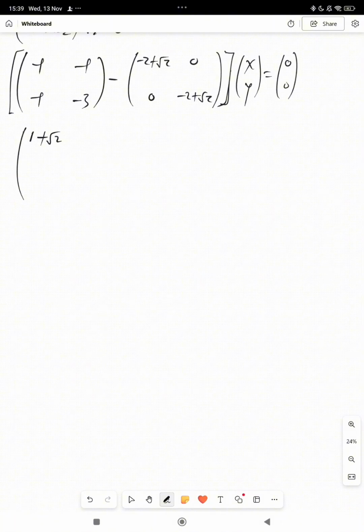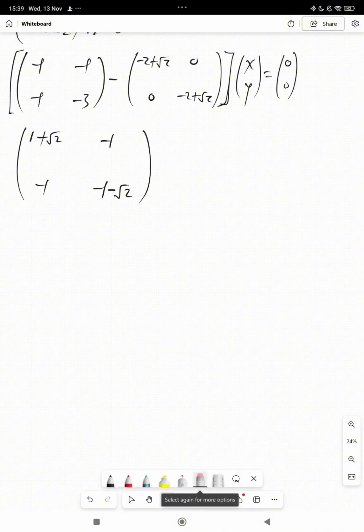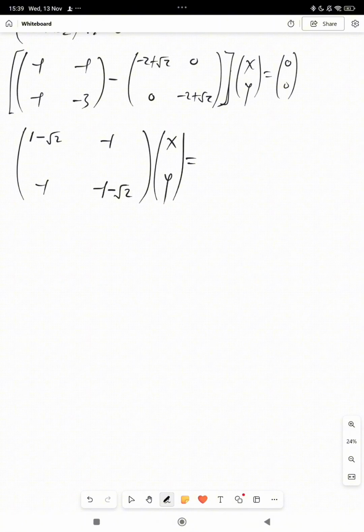And we're going to have minus 1, minus 3 minus 2. We're going to have minus 1 minus root of 2. This is supposed to be minus, multiplied by x and y, giving us 0, 0.